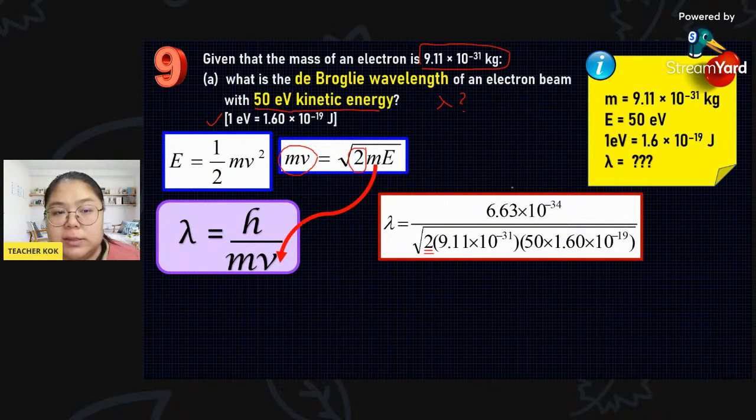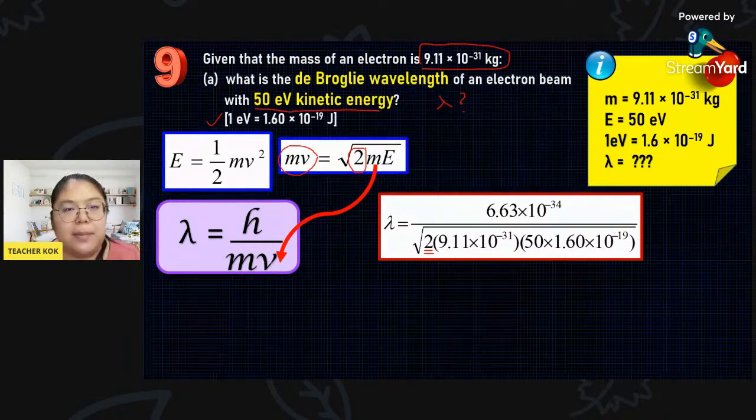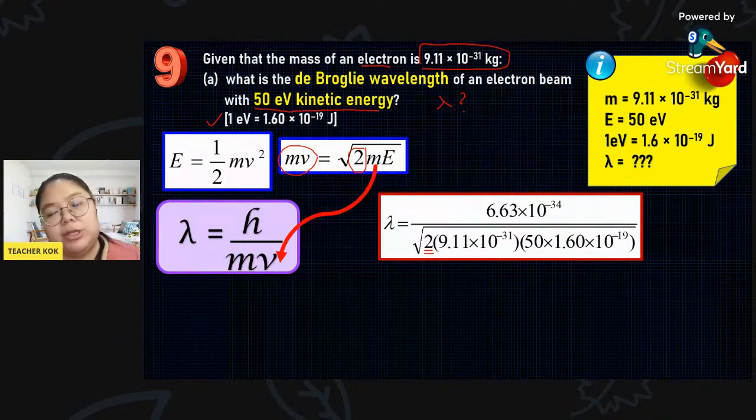This question is a little bit different from just now. You need to know this mv, we need to convert it to become this formula. You cannot say, oh, the v is 3 times 10 power of 8. The mass is different. This one says electron, they provide the mass for you. So the v, you need to follow this equation to do the calculations.